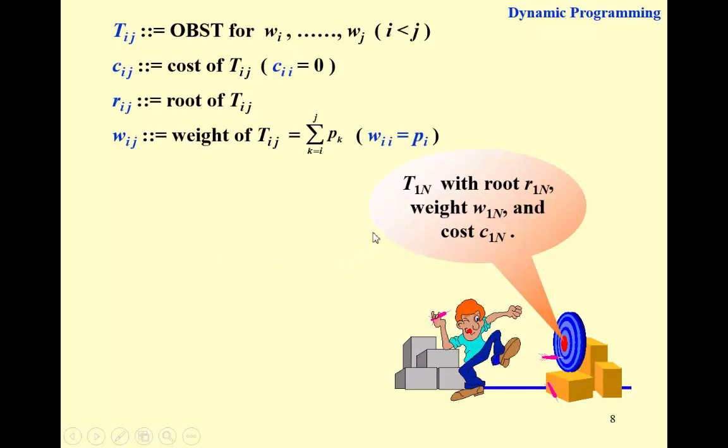Right, so our task is to find t sub 1n, the tree that is constructed for all the words from the first one to the last one, with this root, this weight, and this cost. So what are we supposed to do now? Think about in the previous example, what did we do at this point? We begin to think recursively with the idea of divide and conquer, right?